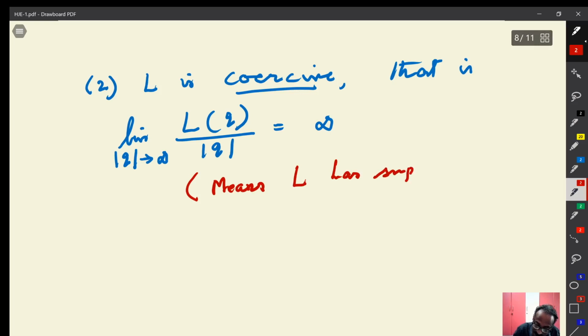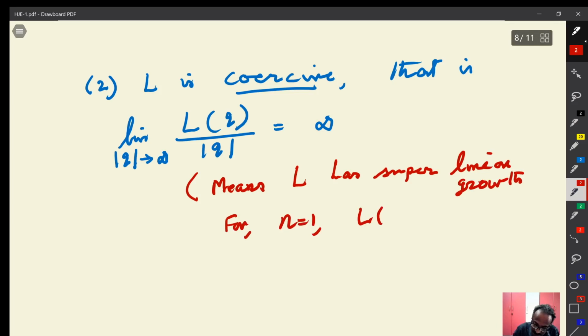Typically quadratic growth, superlinear growth. For example, when n equals 1, in one dimension, if L of q is equal to mod q, then the limit of L of q by mod q is equal to 1.